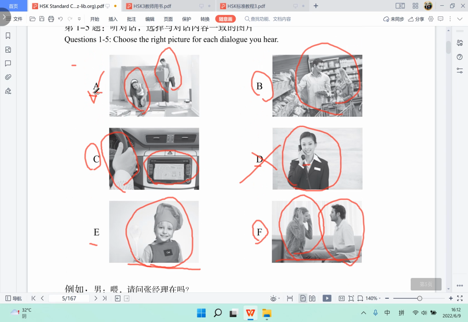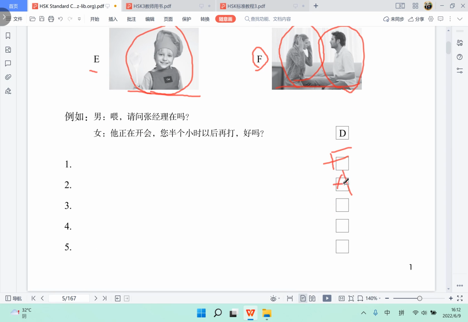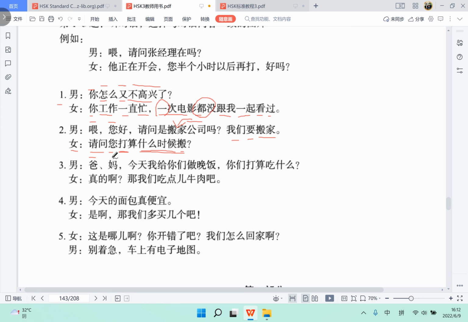So 搬家, move home, A. And number 3, 第三个 爸妈今天我给你们做晚饭, 做晚饭, make dinner, so cooking. 你们打算吃什么？ What do you plan to eat? 真的啊？ Really? 那, a new word we learn in this lesson, like "so" in English, when you draw a conclusion from the conversation before. 那我们吃点牛肉吧。 Let's have a little beef, a suggestion. 爸妈, that must be the son and the parents.